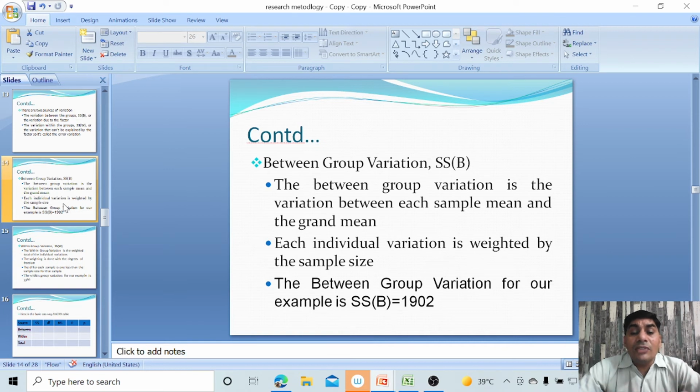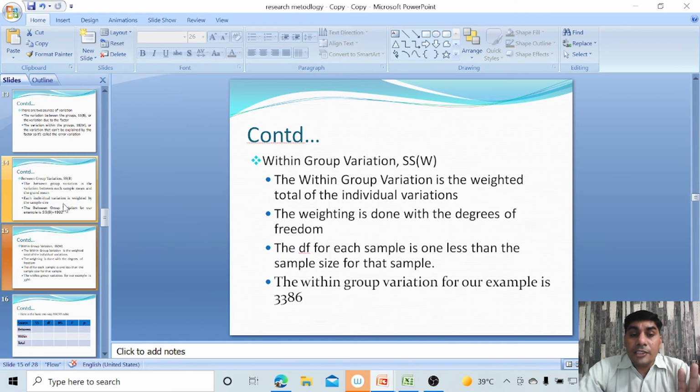Each individual variation is weighted by the sample size. In the first row, sample size is 7, in second row, sample size is 9, and third row, sample size is 8. So in this example, we can find the SSB, the sum of squares between the groups, is 1900.